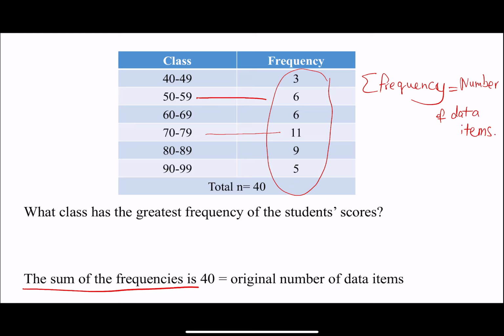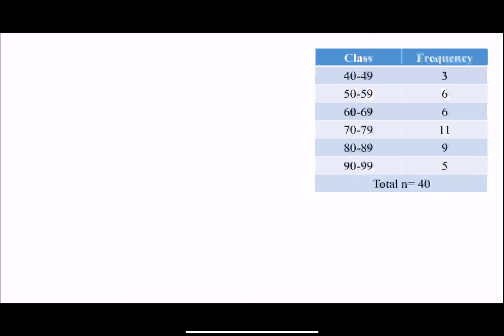I had 40 scores because I had 40 students. When I add the frequencies here, I get 40. Okay? So the question says, what class has the greatest frequency of the student's score? The greatest frequency is 11, so it's related to the group of 70 to 79, right? So the class of 70 to 79 has the greatest frequency of the student's scores.